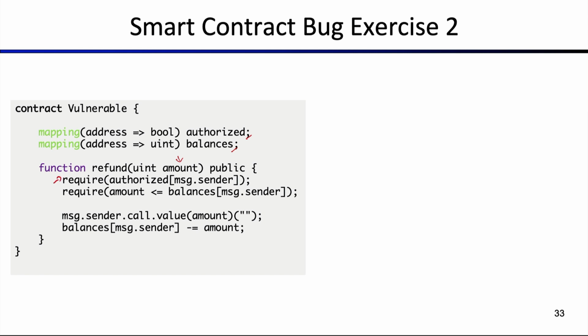It requires that you're authorized, so msg.sender is part of this authorized mapping. It also requires that the amount is smaller or equal to the balance of the sender, so you cannot withdraw more than your balance. Then there's a message call with value, an example we've seen, and afterwards the balance is deducted by the amount that you withdraw. It would sound quite normal.